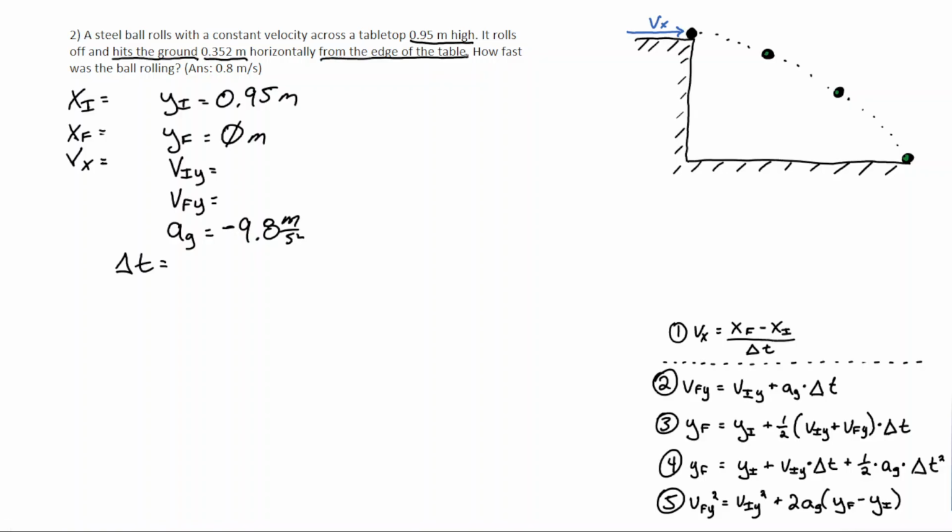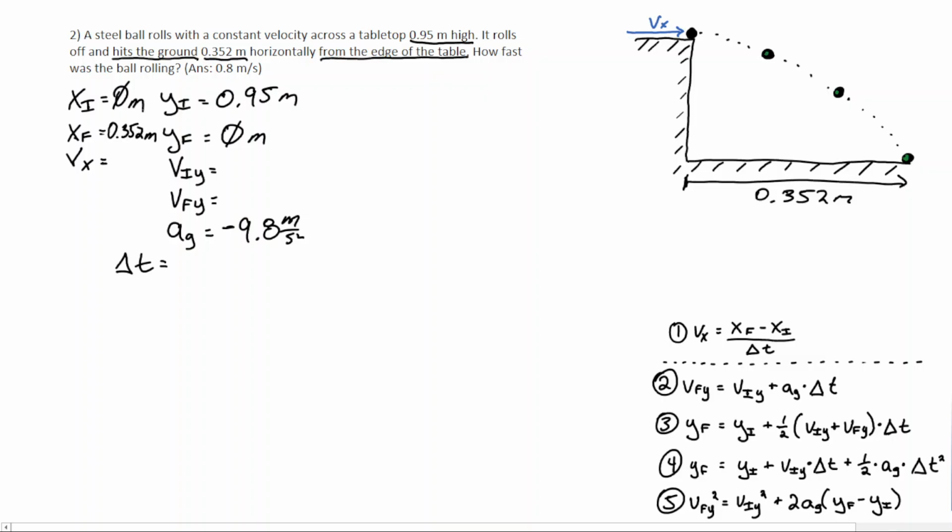Well, here's where it begins, and it'll go out here, 0.352 meters. So that's telling us the final position in the x direction, 0.352 meters. And the initial position would just be 0.